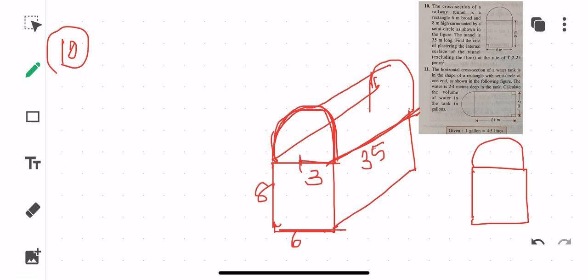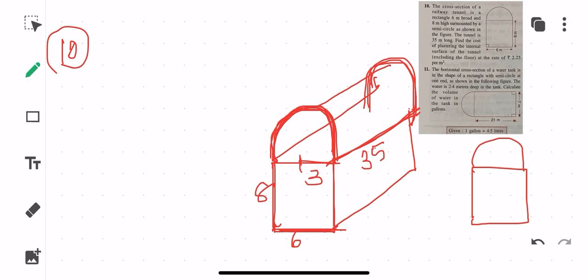So here if you are taking this particular surface, and similarly on the other side also if you are taking this one, both of these are actually acting as a semicircle, if you see. So you will be taking what? You will be taking the circumference of the semicircle, and then after that what you will be doing?